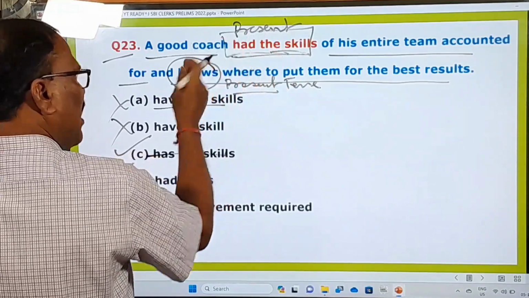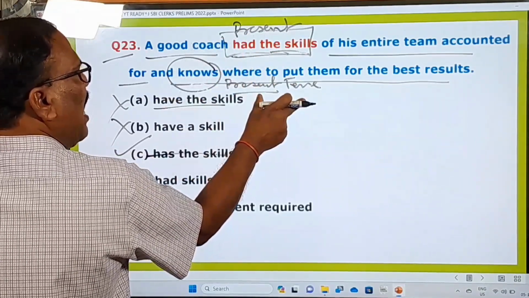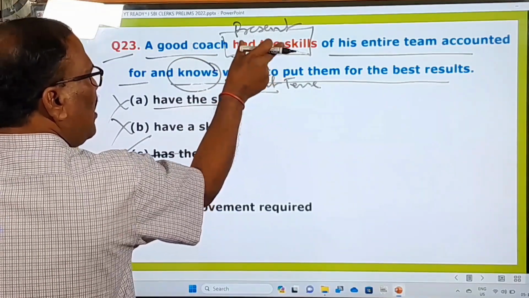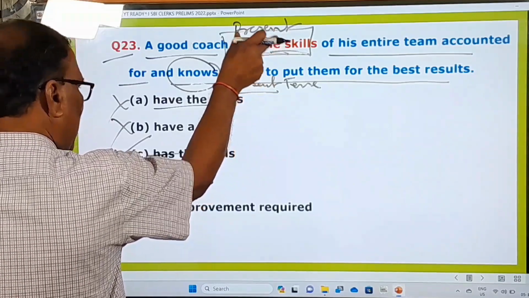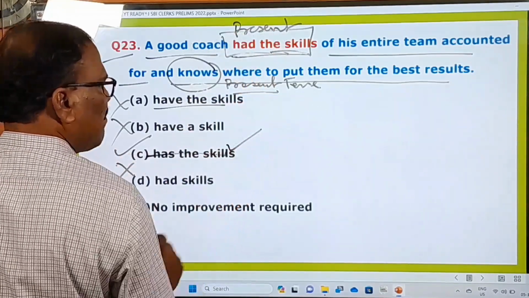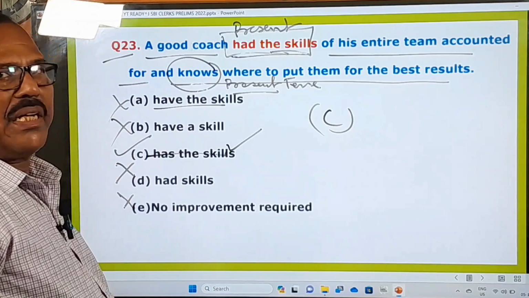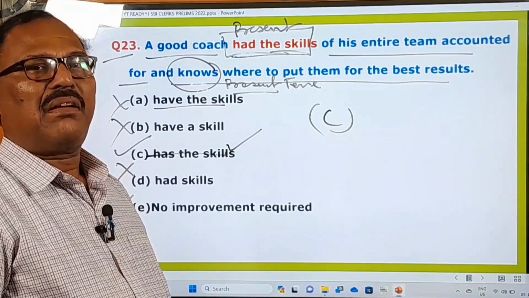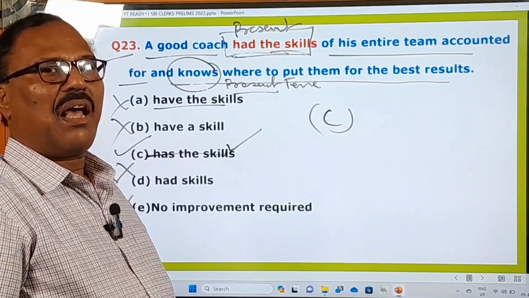The other part of the sentence is the present tense, and therefore because of this you have to change this into present tense only. That's why the right answer is has the skills. Right. So with this, the grammar questions of the 2021 SBI Clerk Prelims examination have come to an end.